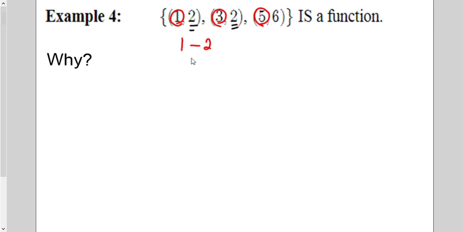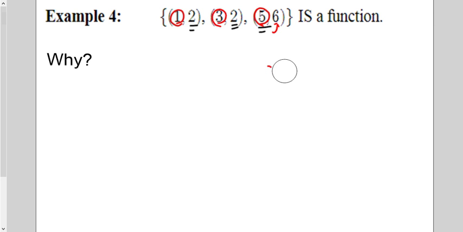The x values have one unique y value. When this 3 came up, it got a unique value of 2. And that means if 3 came up again, I would still get a 2. If I get a 5, what am I going to get? I'm going to get a 6.